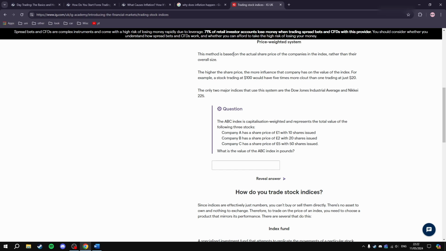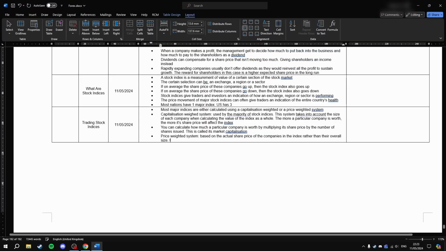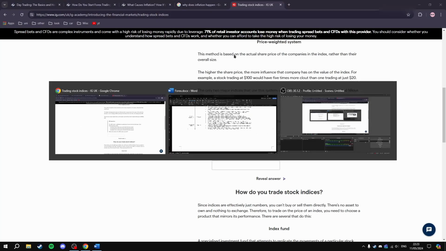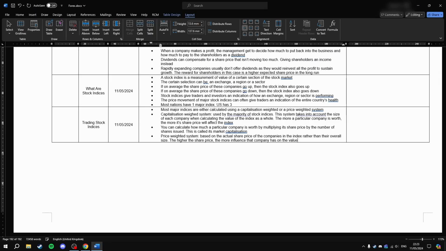So the higher the share price, the more influence that company has on the value of the index.